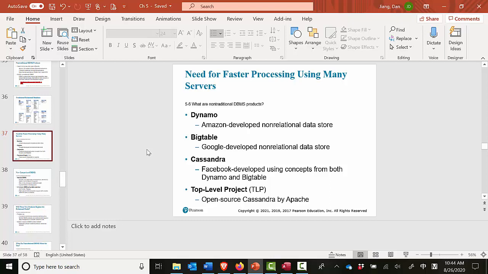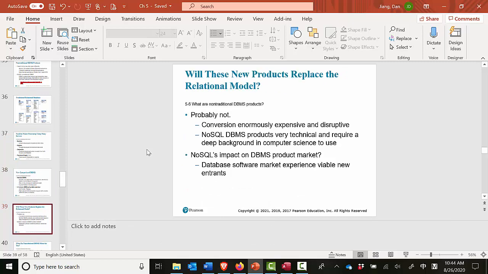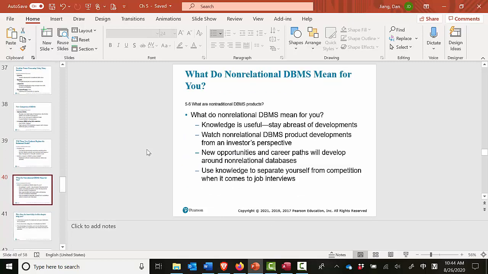So for you guys, you just need to be aware of the existence of these types of non-traditional database. So that's pretty much it for this chapter. And the most important takeaway for this chapter is the purpose of database and why it matters for information systems.